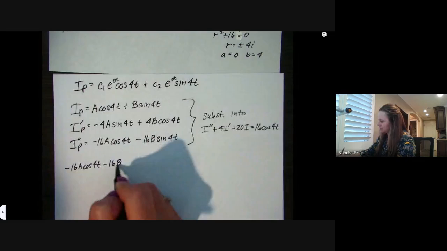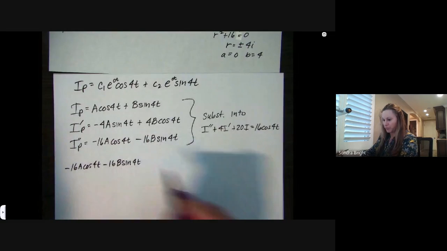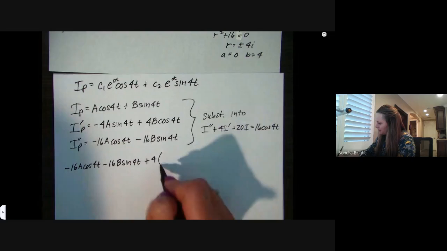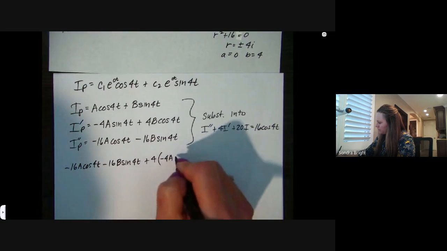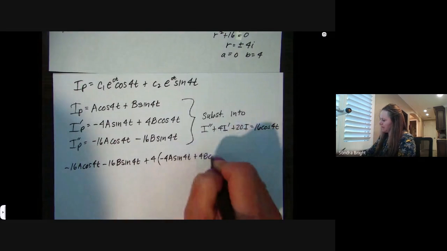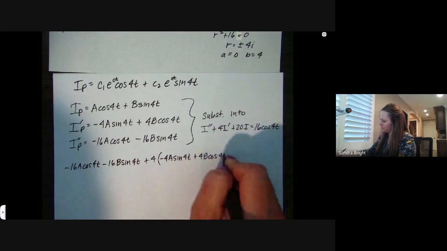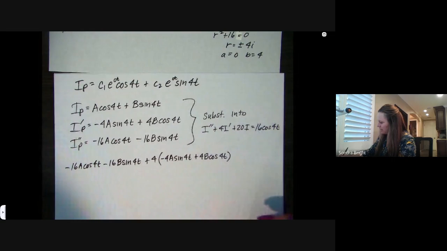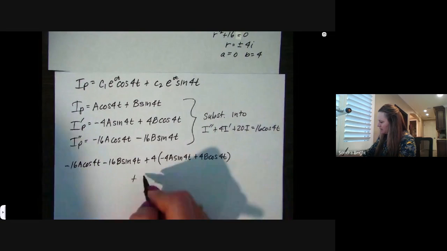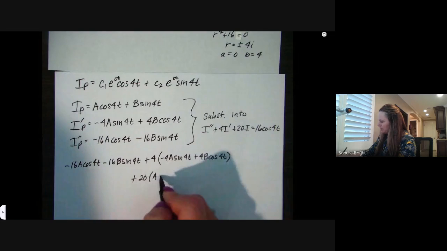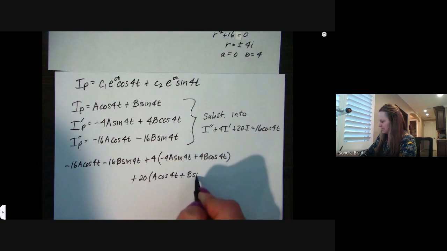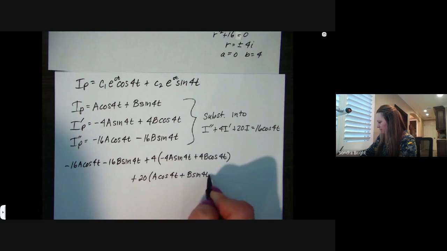And then we have plus 4 times i prime, which is negative 4a sine of 4t plus 4b cosine of 4t. And then plus 20 times i, and of course I'm going to run out of room, so I'm going to come over here, plus 20 times i, which was a cosine of 4t plus b times sine of 4t, and all of that's equal to the 16 cosine of 4t.